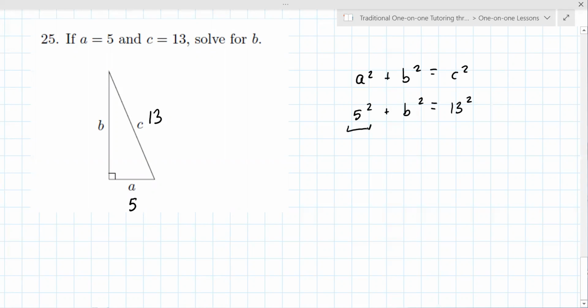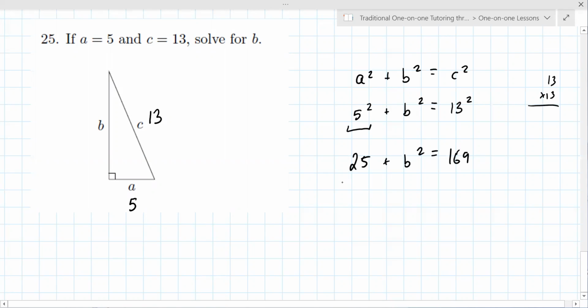What is 5 squared? 25. Okay. What is 13 squared? What is 13 times 13? 169. Okay. Now watch this. We're going to subtract 25 from both sides.